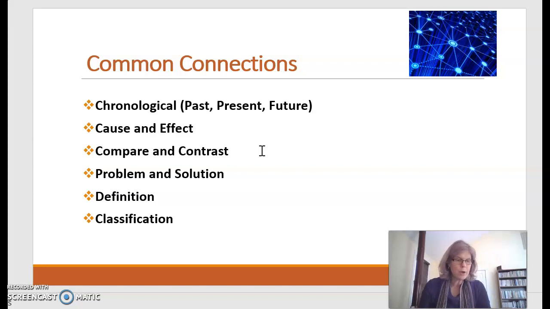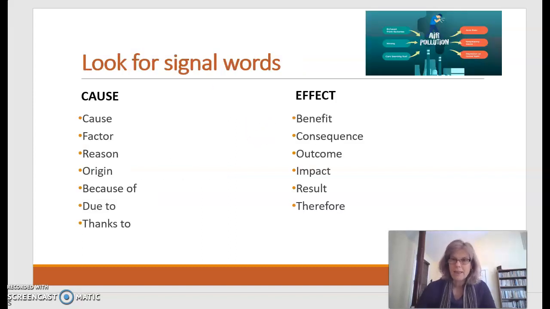So if you're in your book, you can see that on page 77, they start to give us some lists of signal words, lists of words that we can look for in an article that are pointing to causes or pointing to the effects, right? And you can see the list here.